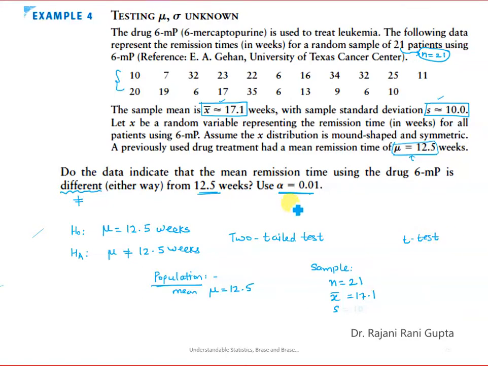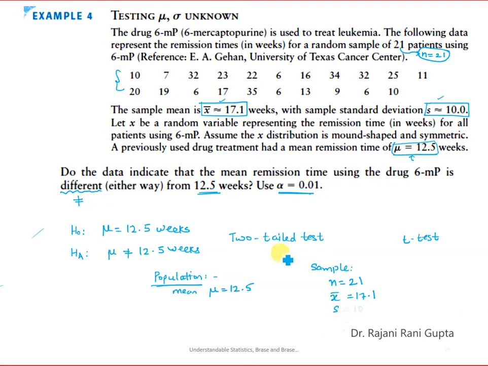So now let's calculate the t value. The formula is x bar minus mu, divided by s over square root of n, where the sample standard deviation is denoted by s. So let's put it in.